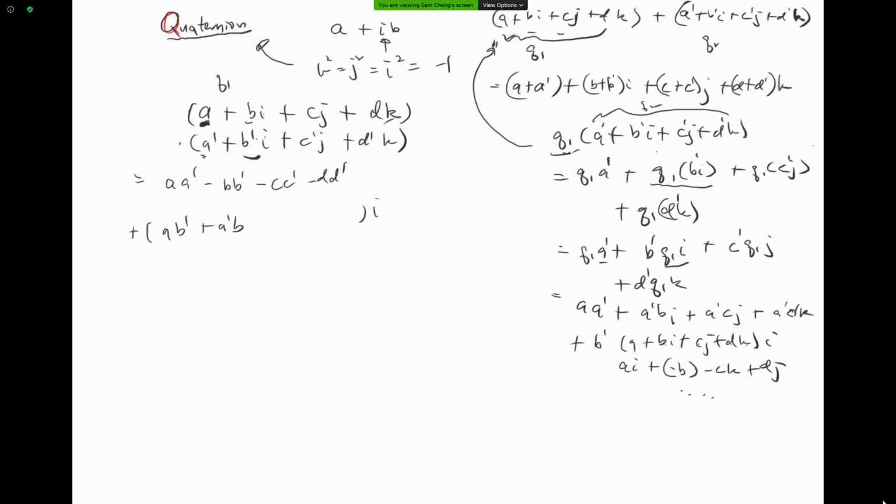If I have j times k, that will give me i, right? So cj times dk here will give me i, so I have c d pi here, and I need to be careful here. This is dk times c pi j. This should give me minus i here, so I have minus c pi d, something like that.